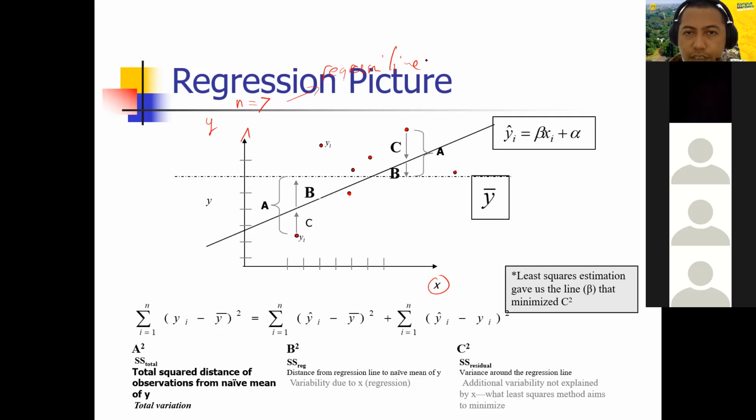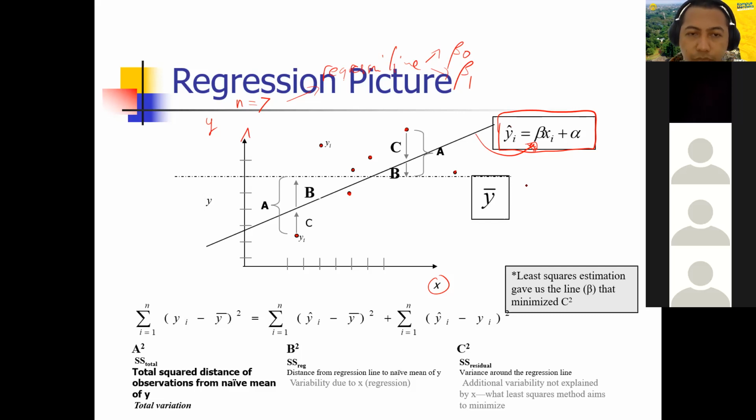To create the regression line, you should compute beta 0 and beta 1. And then you can express the regression formula representing this line. Okay, until this point, okay?